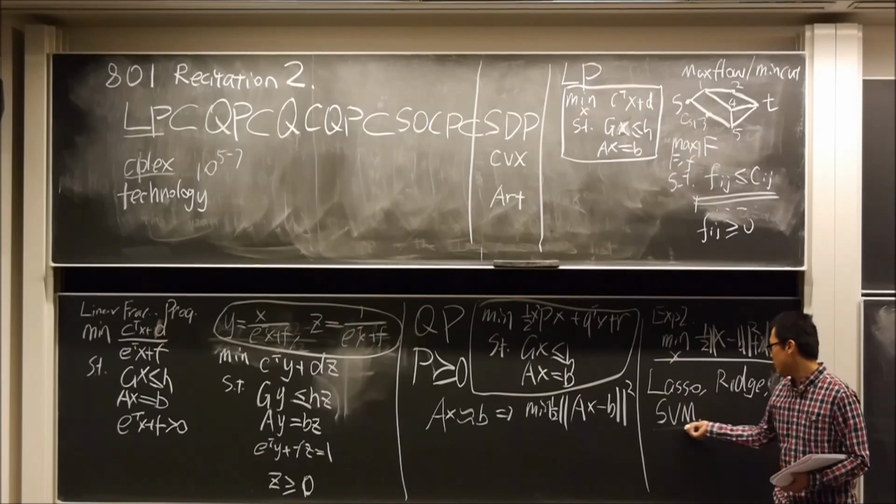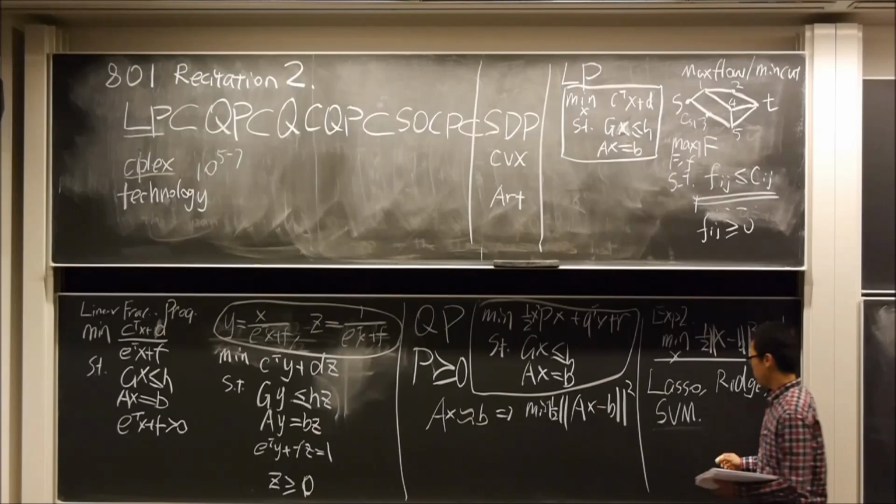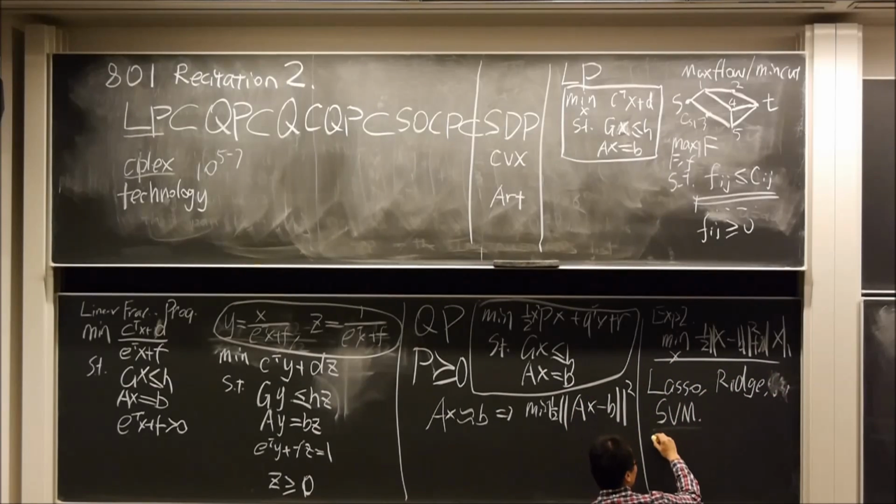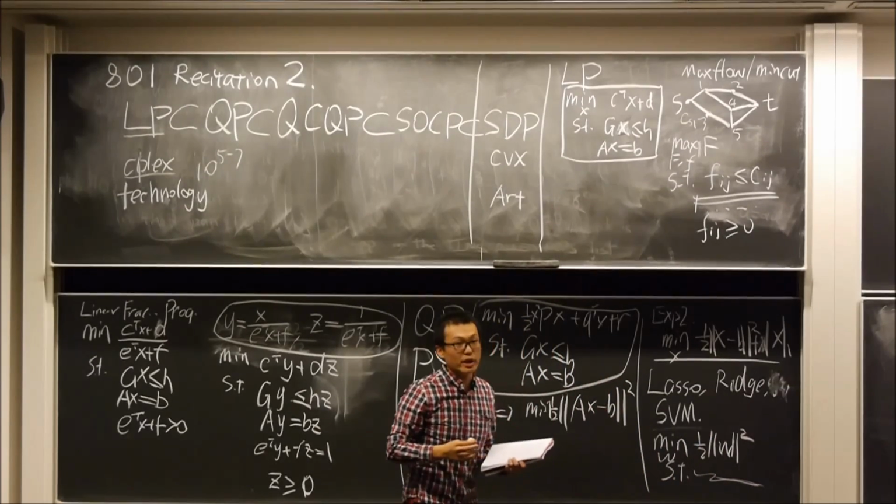So for SVM, if you still remember in 701, we are minimizing something like this, subject to some constraint, and this is essentially to maximize the margin of separation.